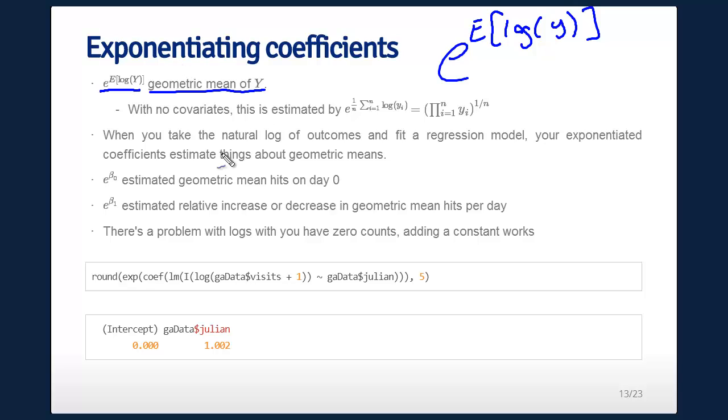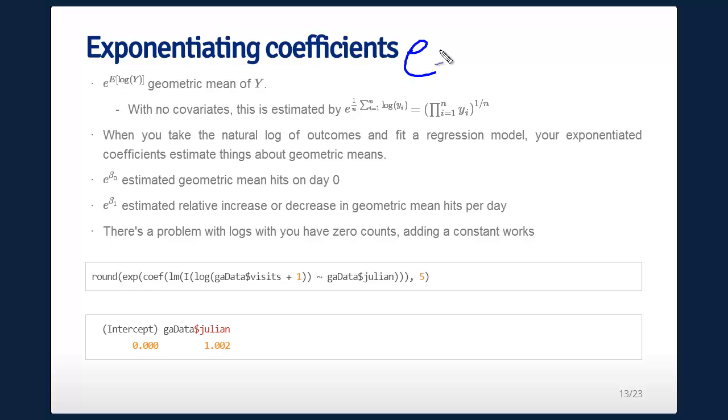If you just had a bunch of data, y1 to yn, and you wanted to estimate that, then you would estimate this expected value with the average. So we would clearly just use e to the 1 over n summation i equals 1 to n of log yi. Clearly, if we wanted to estimate that guy, we would just plug in that for the expected value that we don't know.